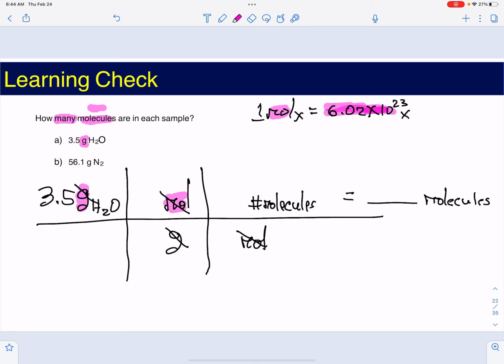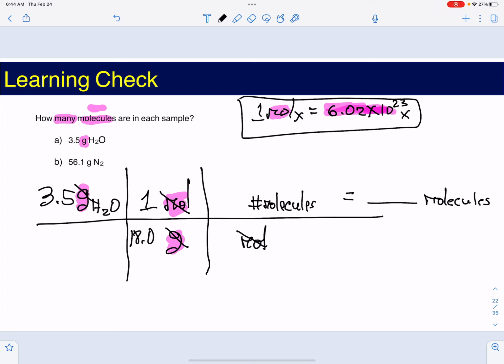This one is molar mass, and water molar mass is 18.0, sorry. Water molar mass is 1 mole, 18.0 grams, right? Oxygen is 16, hydrogen is 1, so oxygen plus 2 hydrogens, 18.0 grams. So that leaves us with the moles, and when we look at moles and number of molecules, that's the Avogadro's number.